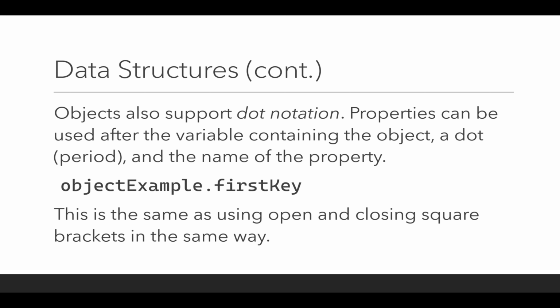So in this example, the variable objectExample contains an object, defined previous slide as an object literal, and we're accessing its property using dot notation. So the name of the object, a period, a dot, and then the name of the property to access that key. So again, this is the same as using open and closing square brackets, but it's a little more compact and is more commonly seen.